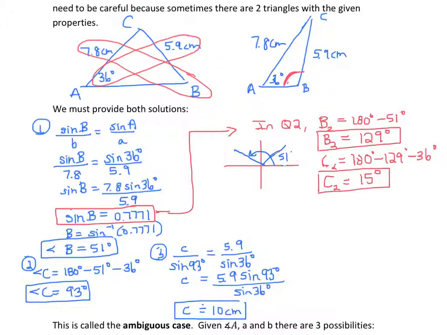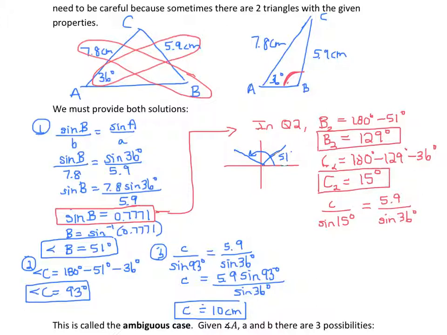And in that case, we could find the measure of side C the same way we did in the first solution, but we have to change the angle C to 15 degrees. Okay, but otherwise, this step of the solution is going to be the same.